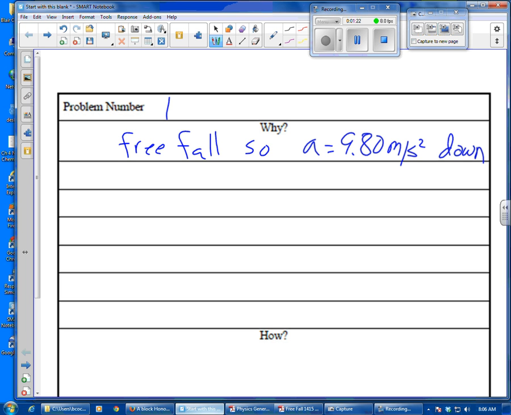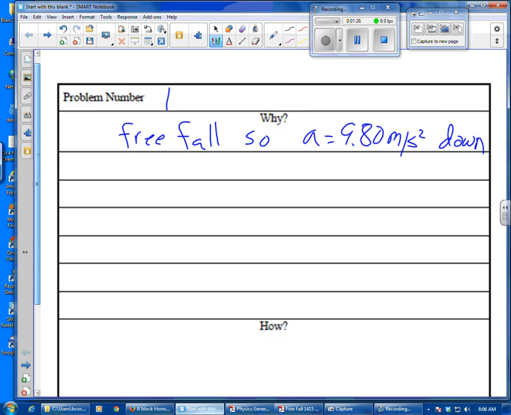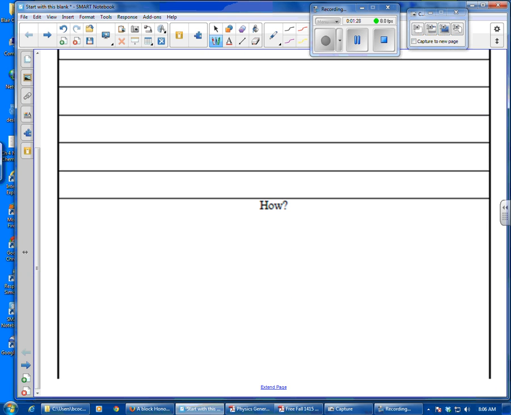So other things to keep in mind when you're looking at these, like this one, we draw a little picture. It starts here, goes up, comes back down. Now, they don't tell us, but we need to assume in this one that it lands at the same height that it started at.